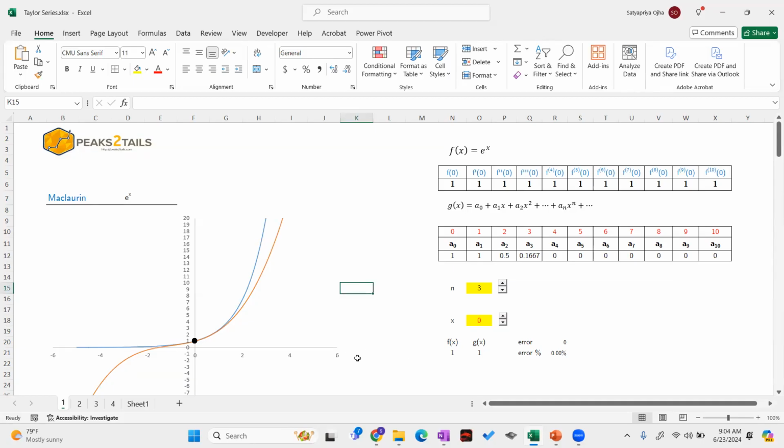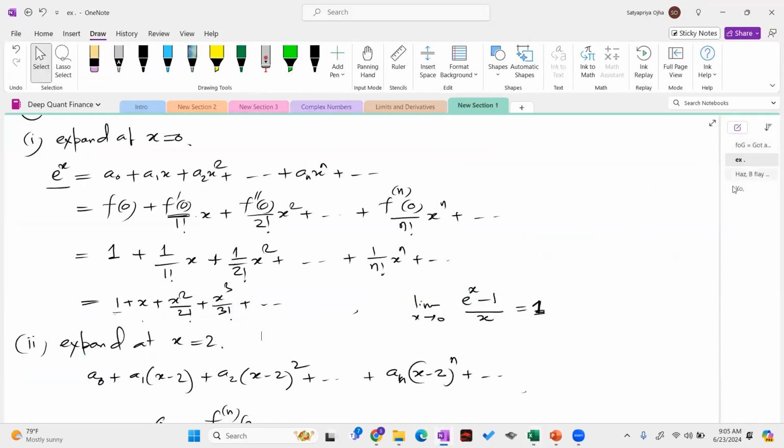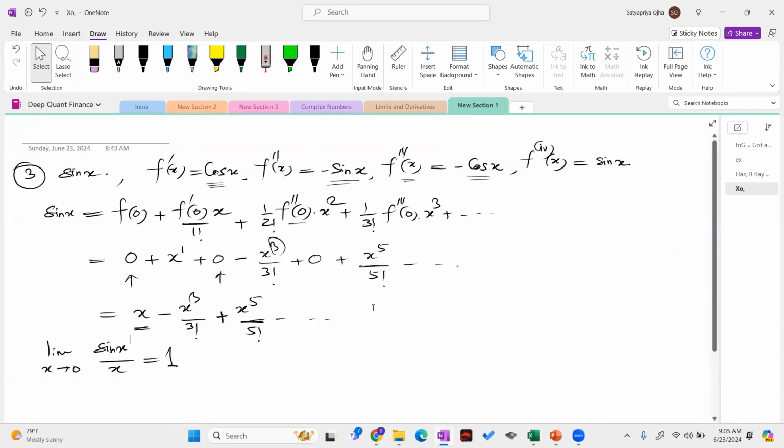All right, similarly, we can do the exercise for sin x. Remember the expansion for sin x? Let's go back. This is log 1 plus x. This is sin x. So what is the constant term?